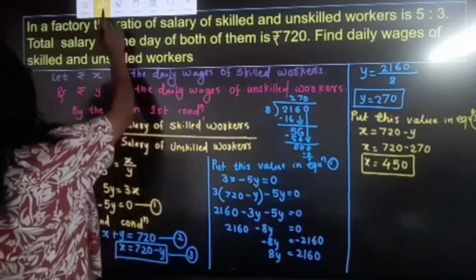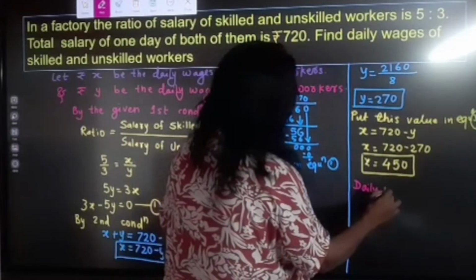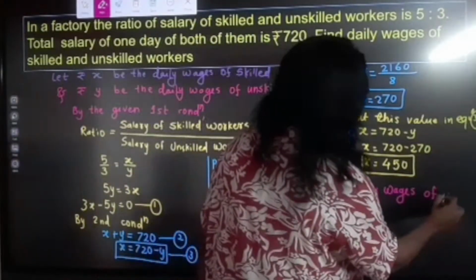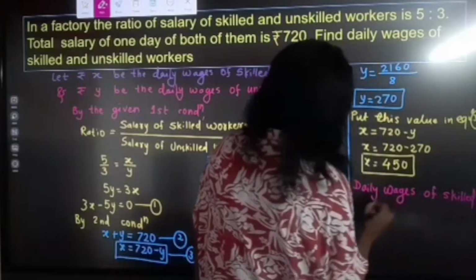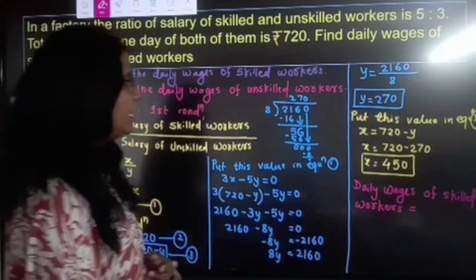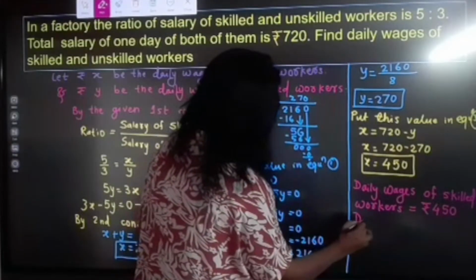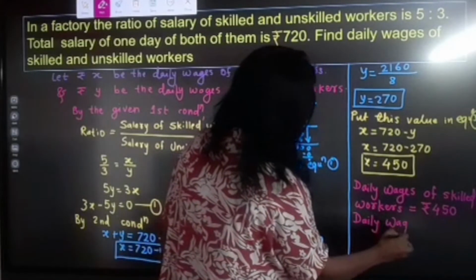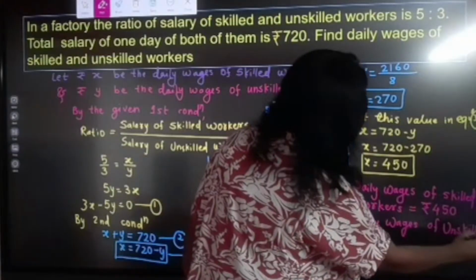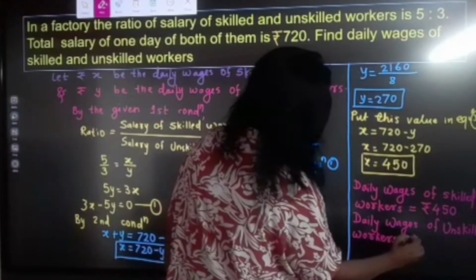So our final answer: daily wages of skilled workers is equal to rupees 450, and daily wages of unskilled workers is equal to rupees 270.